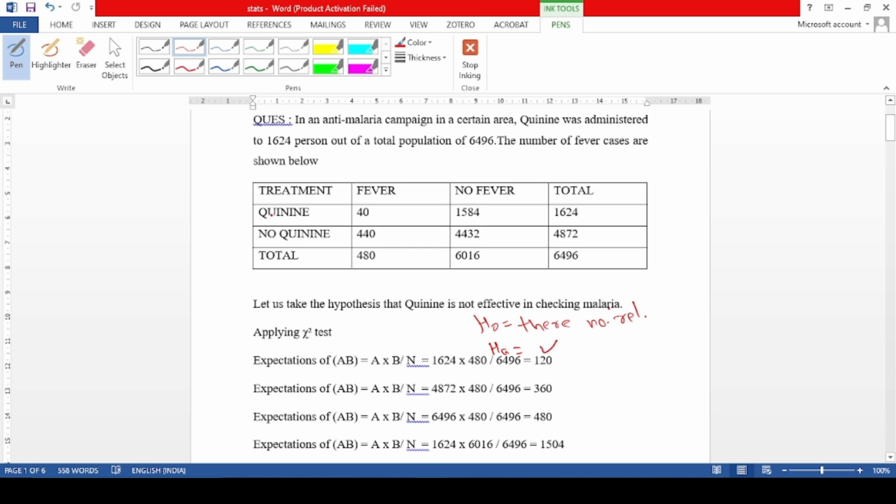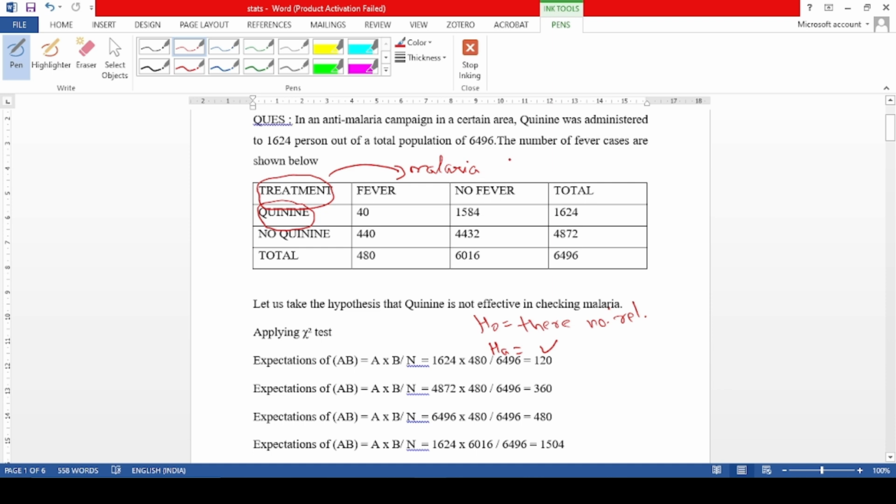So in this, we are seeing the relationship between the quinine treatment and the development of fever, or the healing aspects of it. How effective is the quinine in treatment of malaria? So this is the main alternate hypothesis.